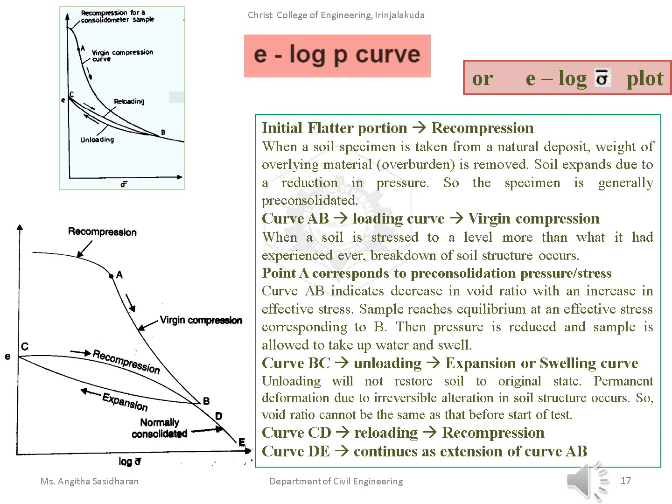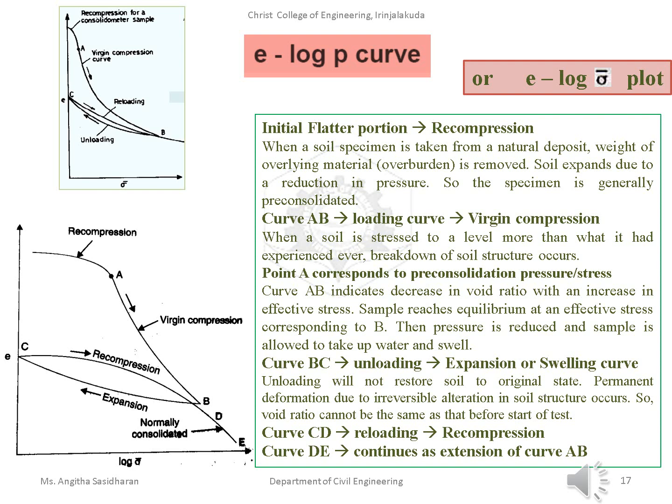Water moves out of this specimen, so slowly the stress is getting shared by the soil. It is getting transferred to the soil, and due to that the soil particles will be rearranging themselves, trying to be in a stable, closer, compact packing, and that is how this volume change is happening.